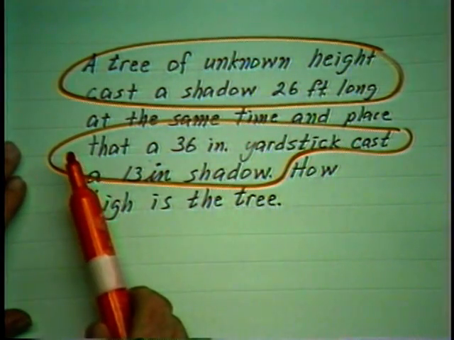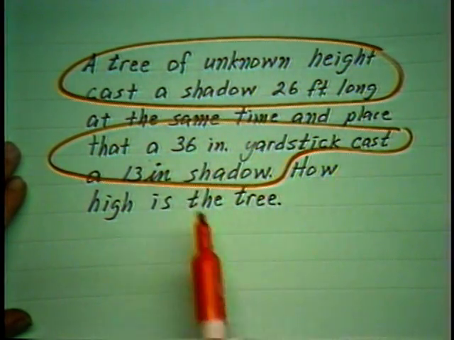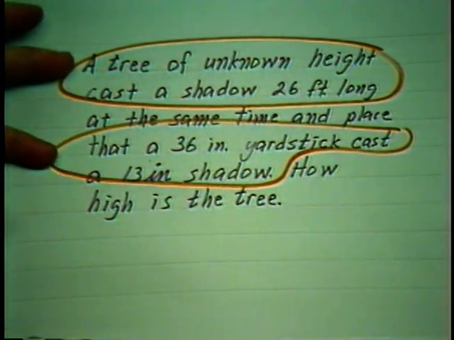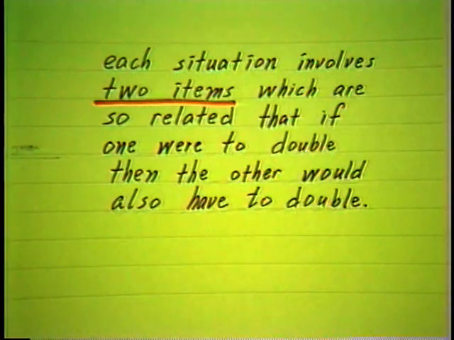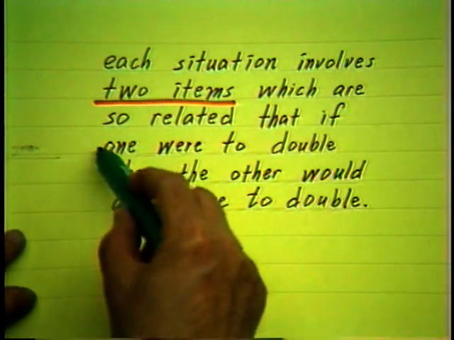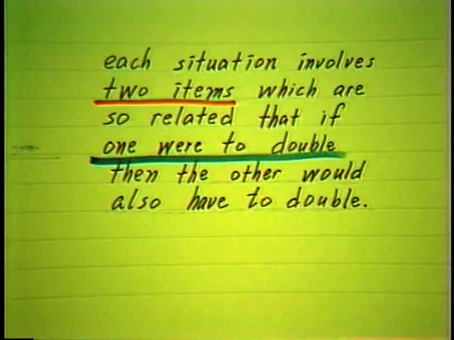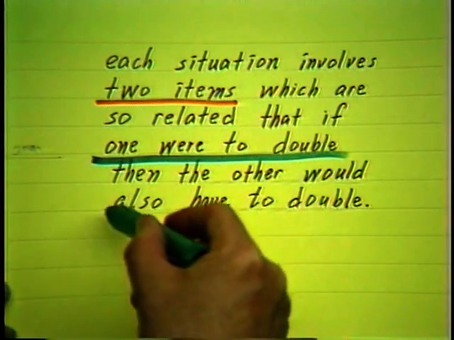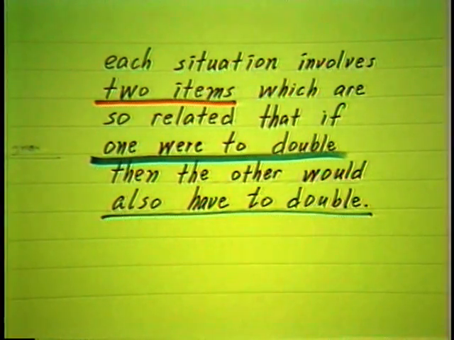The second situation, the height of a yardstick and its shadow. A repeated situation. And each situation involves 2 items which are so related that if one were to double, then the other would also have to double. It's simply the nature of their relationships.